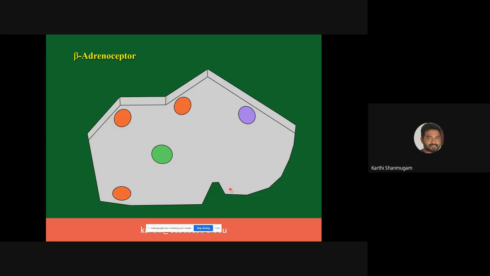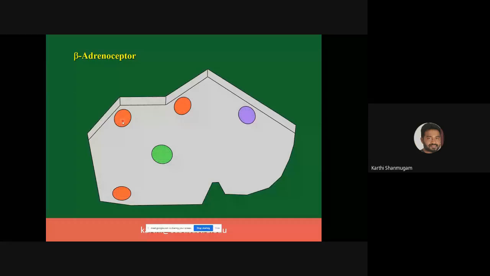Yes, it has more volume. Do you find any difference in the binding regions of the alpha receptor and beta receptor? Are they the same or different? They are the same.